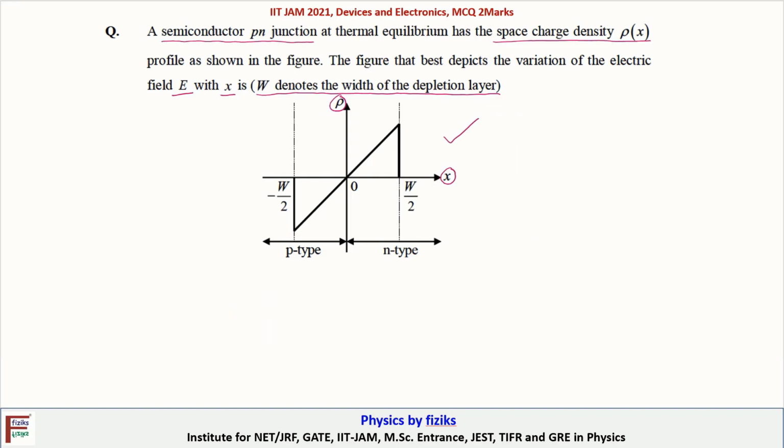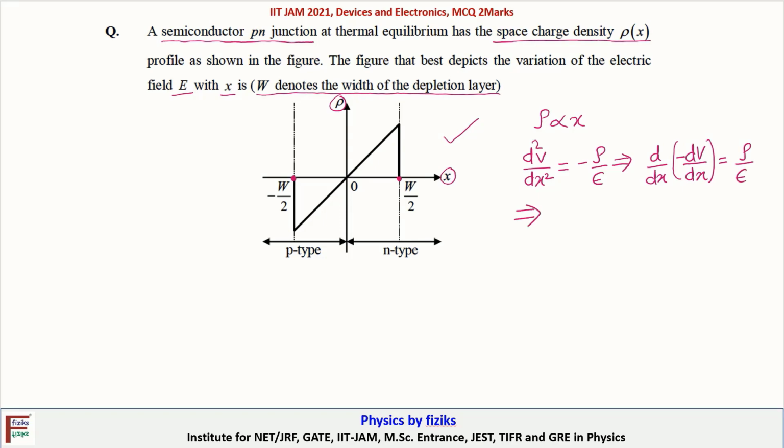So if you see this figure, charge density varies from minus W by 2 to plus W by 2, and this is the depletion region. Charge density rho is proportional to x, because we have to see the dependence. We know from Poisson's equation in one dimension, d²V/dx² is given by minus rho by epsilon.